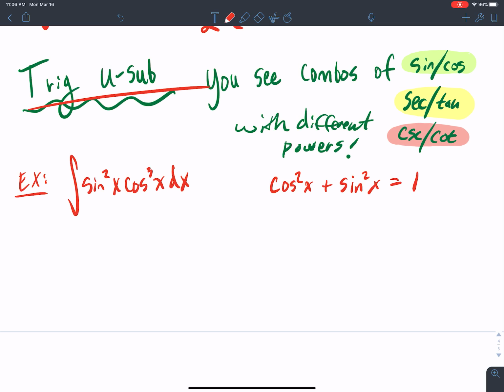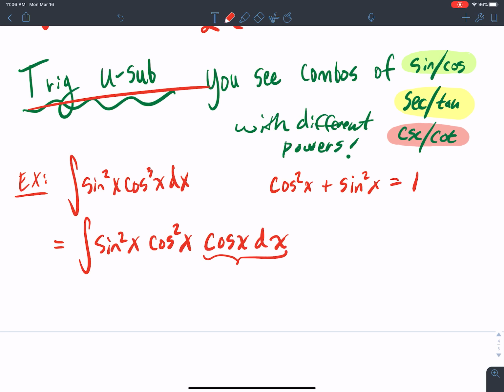So let's strip off a cosine. I have sine squared x, and then cosine squared x, but then I stripped off one of my cosines, so cosine squared and cosine is cosine cubed. It's still the same problem, it's just that now I've got my differential here.